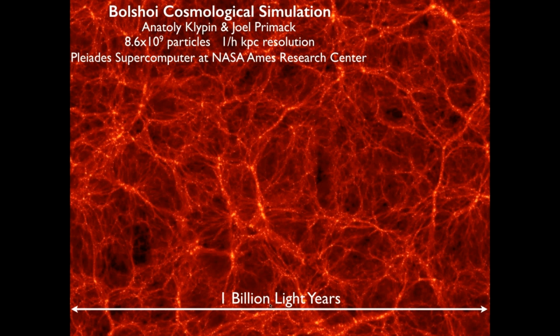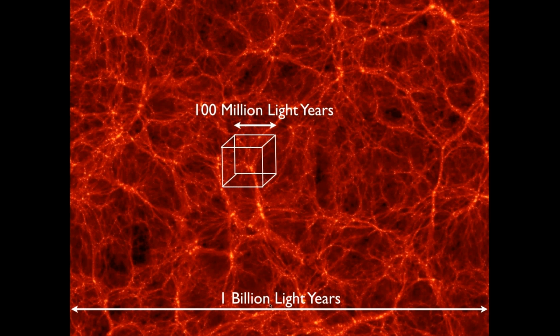You see, of course, the very filamentary structure of the dark matter. Let's zoom in on 1,000th of the volume of this big simulation and just look at a region that's about 100 million light years across, centered on the dark matter halo that would host a large cluster of galaxies.